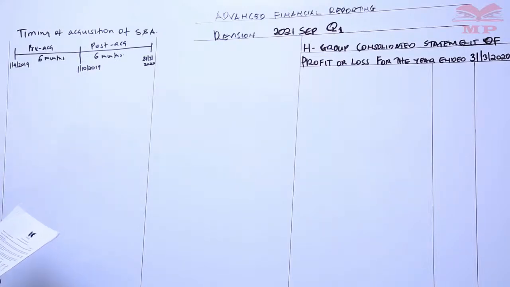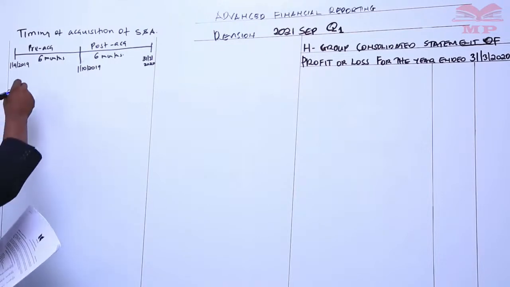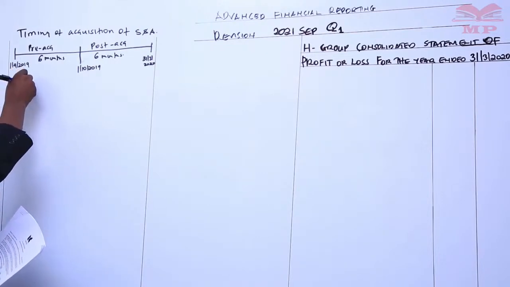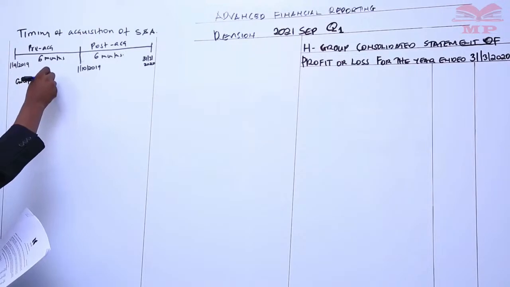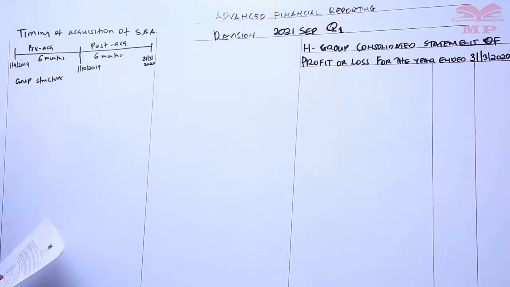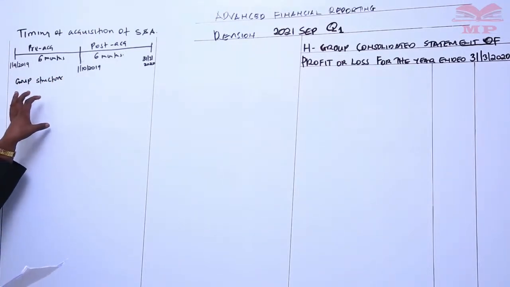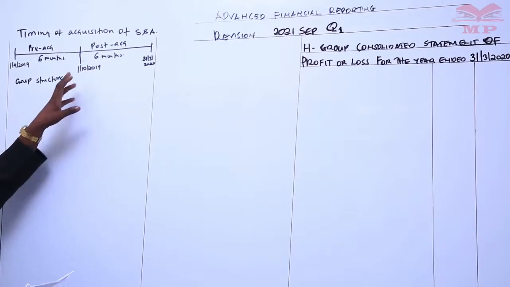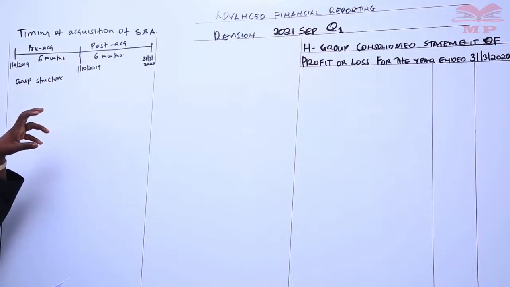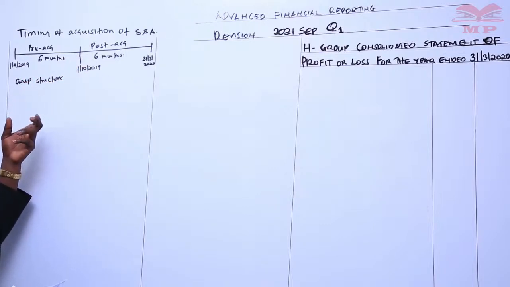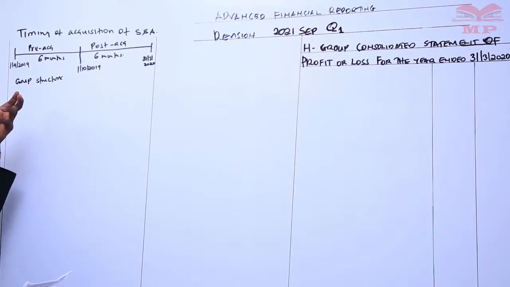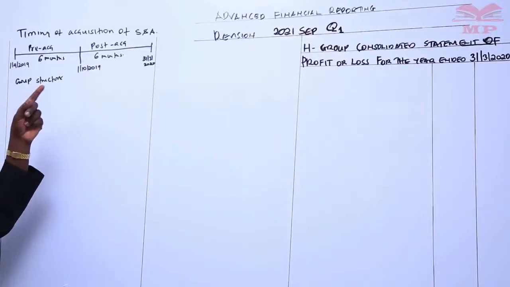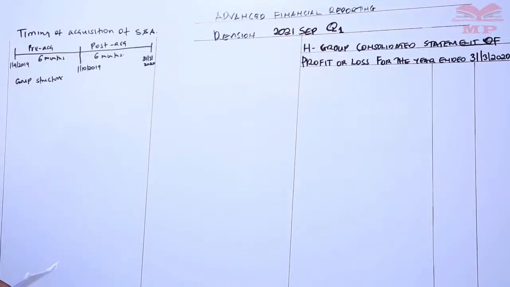Once you've established that, it is also important to talk about group structure. Group structure here is going to inform you the kind of relationship that H is having between S and A, and it is at that point that you'll establish the kind of accounting method you're supposed to use to account for S and A in the consolidated financial statements.